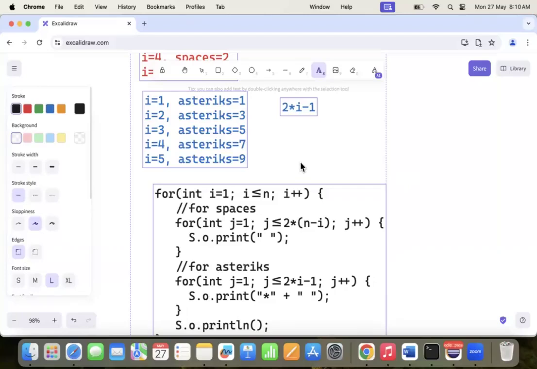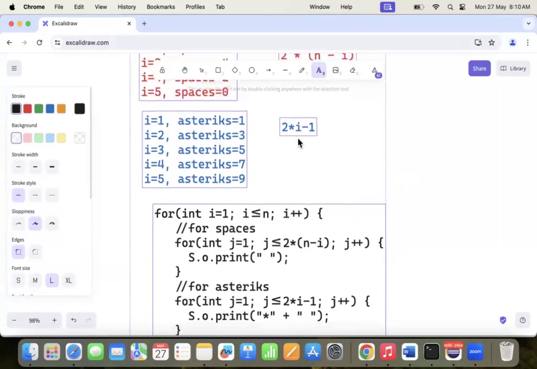Guys, have you got this image in chat? In the chat window, did you get this image? Very good. Are you able to download that image?